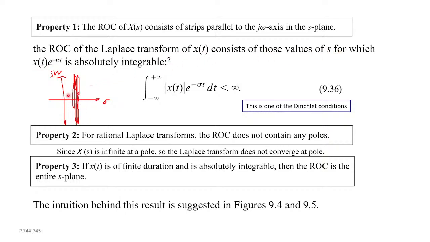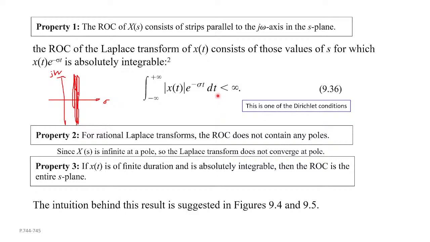So we already said the region of convergence is going to be strips. For some sigma that is convergent, it is going to be convergent for that sigma and every omega. And whether that sigma is convergent is basically whether this function has a Fourier transform. And for the Fourier transform to converge, we basically use the Dirichlet condition here.